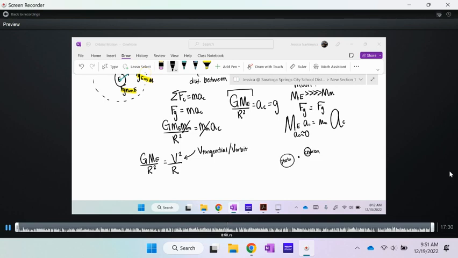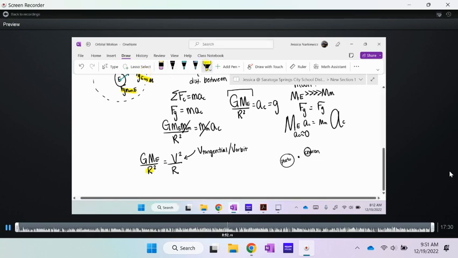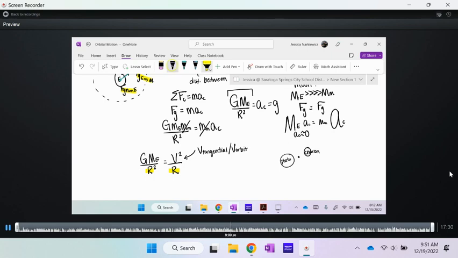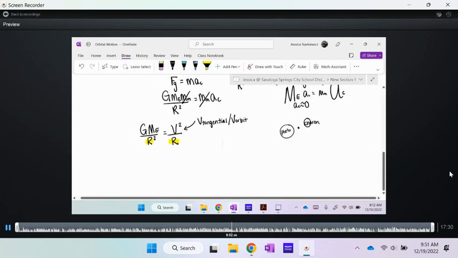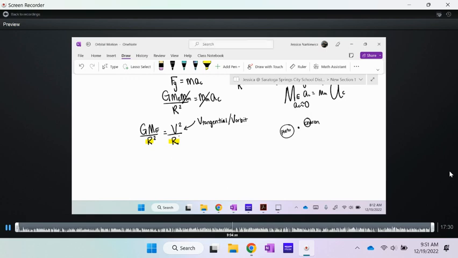And remember, r is the distance between centers. This r and this r are the same r, because the radius of the circle is going to be the distance between centers, or the radius of the orbit. So this r can cancel with one of the r's here, and this simplifies to G M_E over r equals v squared.